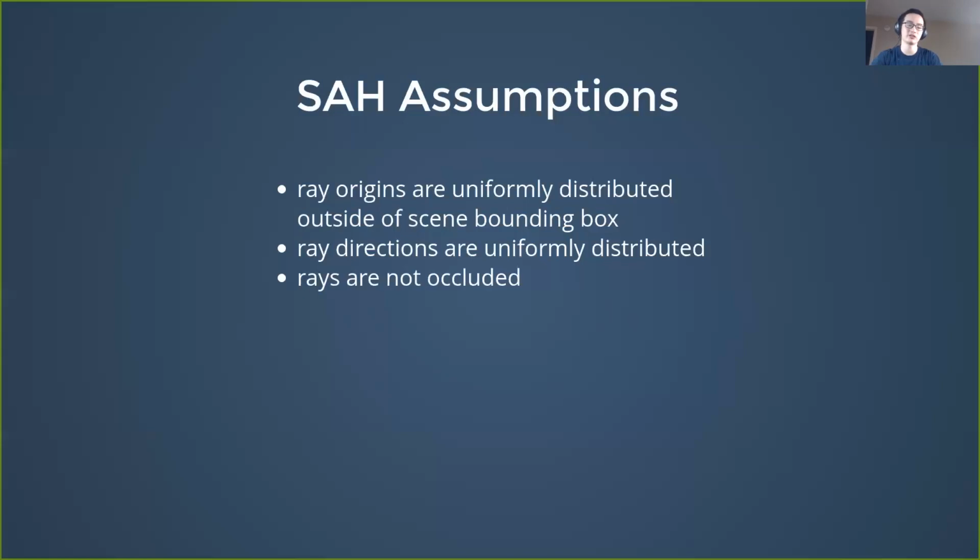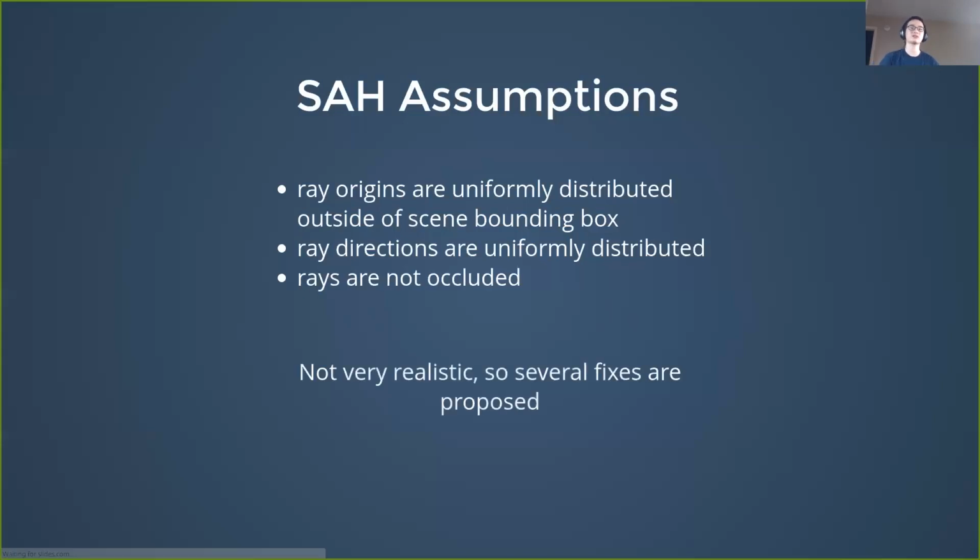Rays are not occluded, certainly not true. Because the surface area heuristic is not very realistic, several fixes have been proposed. If you want to learn more about this, you need to read the paper. The paper links to several other fixes, but I will just use the surface area heuristic because the general technique doesn't change.